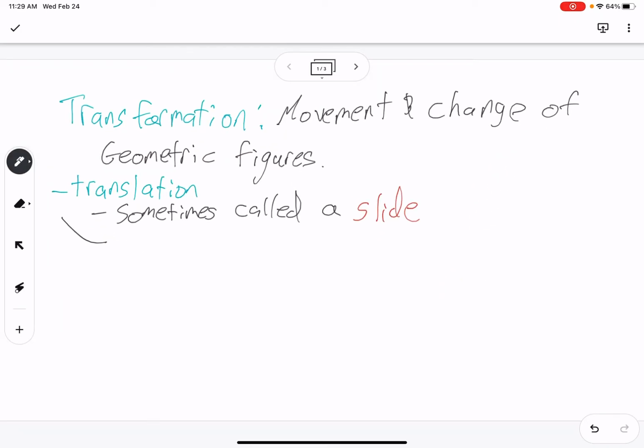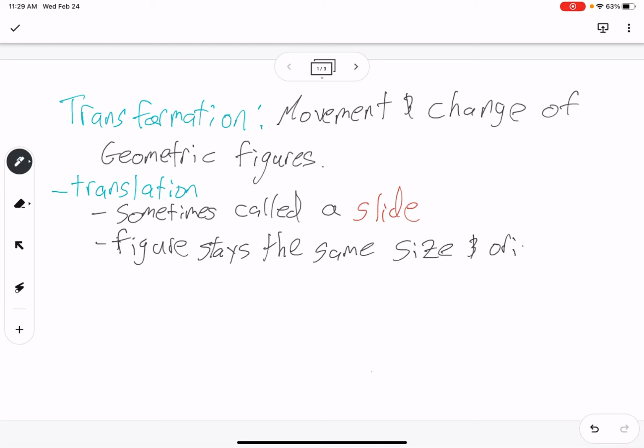So what you want to remember about translation is that the figure stays the same size and orientation.